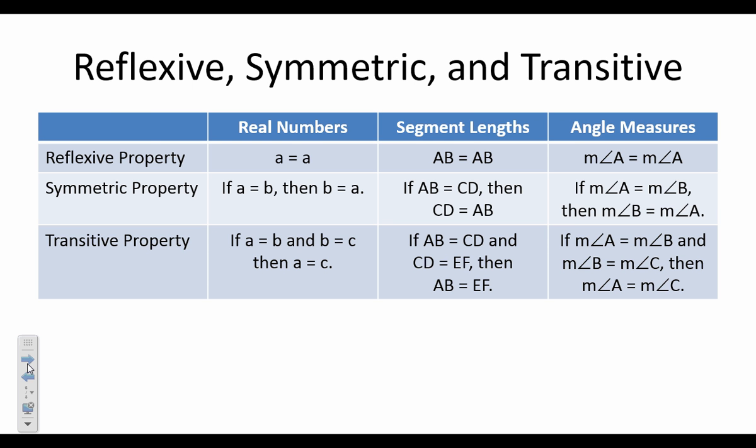Okay? So symmetric is the next one we have to actually do some writing on. So if A equals B, then B equals A. Nope, this one's not written down. The first row was reflexive. So if A equals B, then B equals A. Okay.